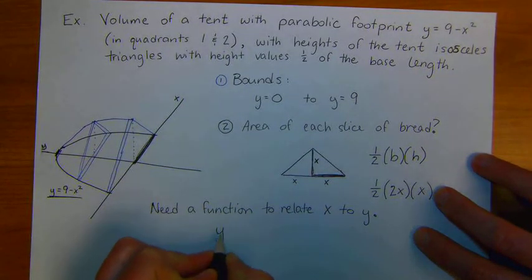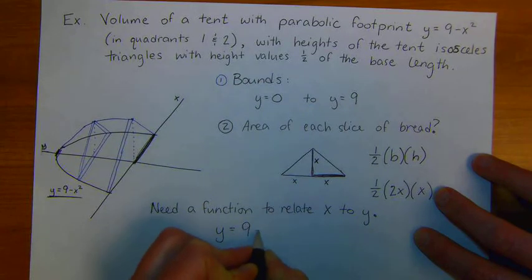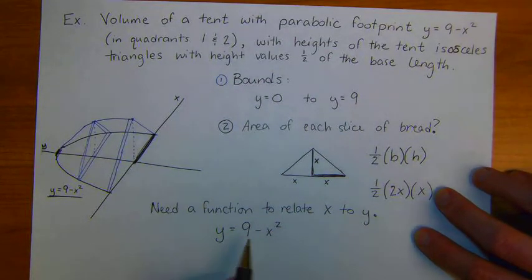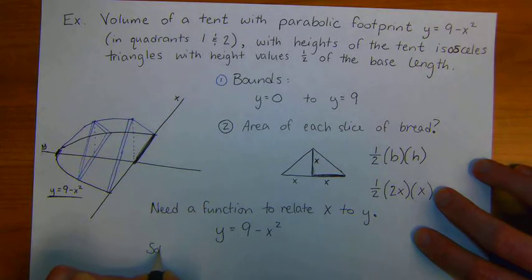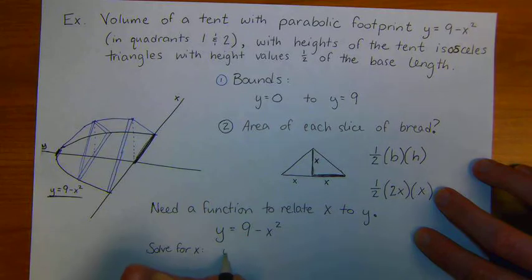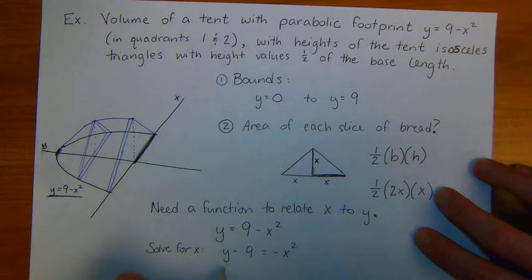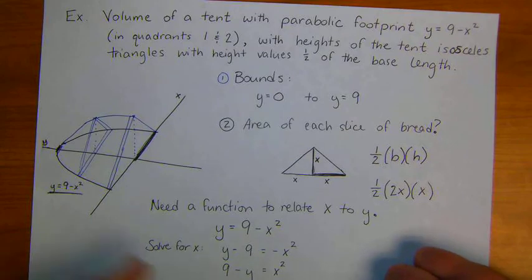We know that y is equal to 9 minus x squared. I can solve for x, and I get that y minus 9 is equal to negative x squared. So that means that 9 minus y is equal to x squared. And I'm going to square root this, noting that square roots are not one-to-one operations, so this isn't the inverse, but we're only dealing with positive values, so I don't have to deal with the plus or minus.